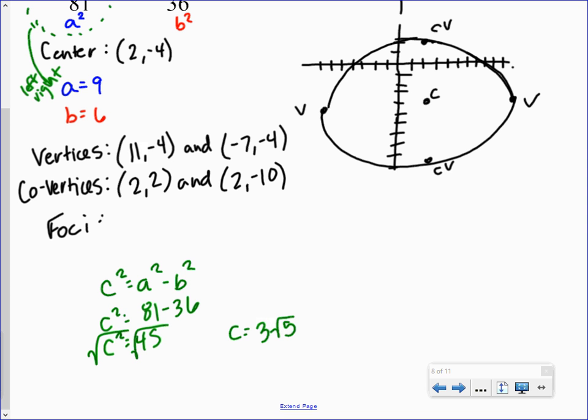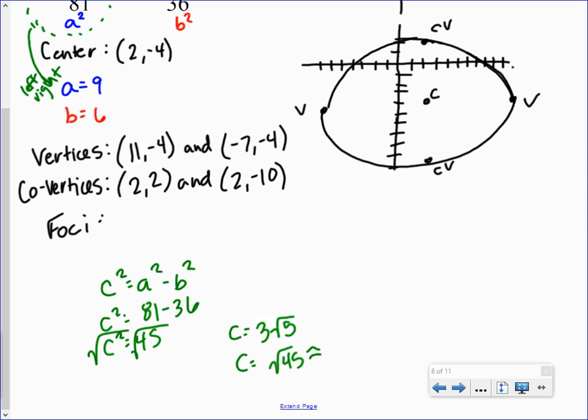To put it on the graph, I don't really know how to count 3 square root 5. You probably, for graphing purposes, want to estimate where the square root of 45 is. So I think about it like it's between the square root of 36 and the square root of 49. So it's between 6 and 7.